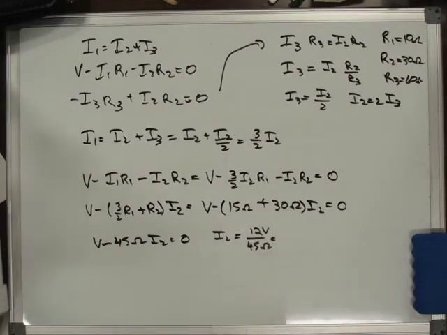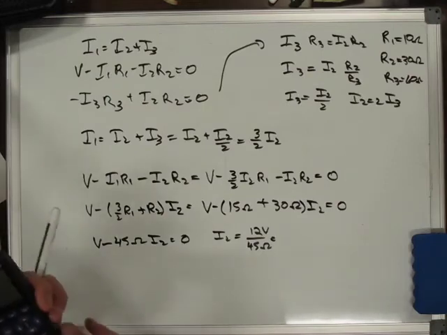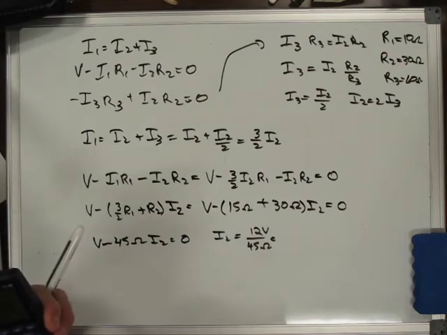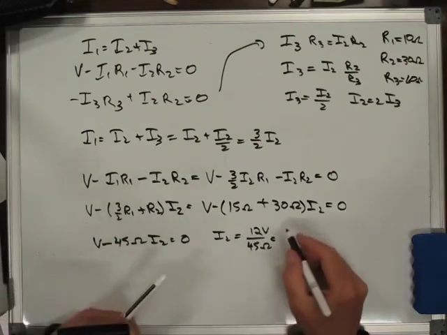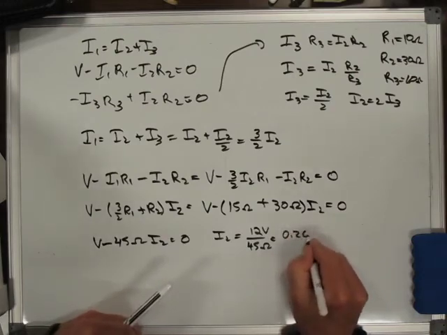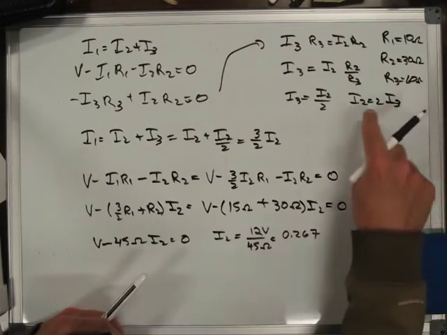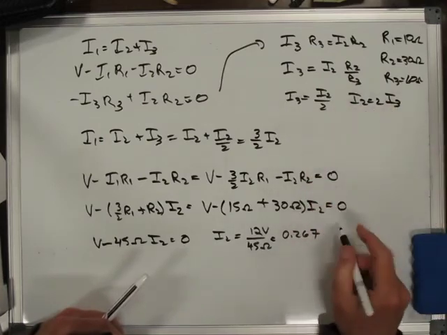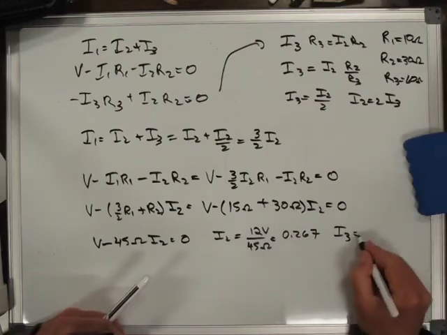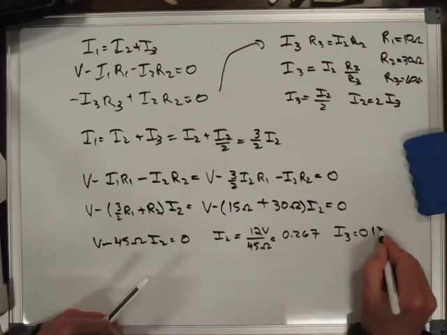I2 is equal to 12 volts over 45 ohms, which is, I'll get my calculator, four 15ths, 0.267. And then based on this equation, that means that I3 is equal to 0.133.